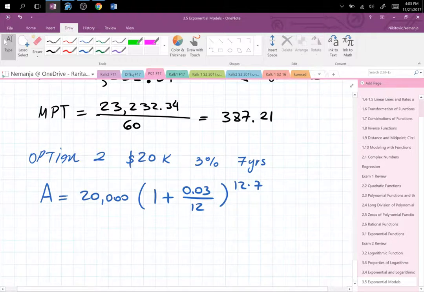So 20K, open parenthesis, 1 plus 0.03 divided by 12, raised to 12 times 7, which is 84.